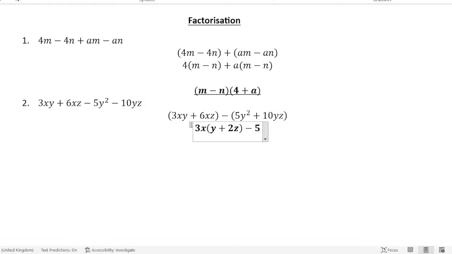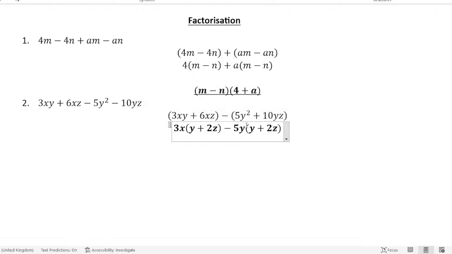Minus 5y, then open brackets, and we'll be left with y plus 2z. Here let me explain.